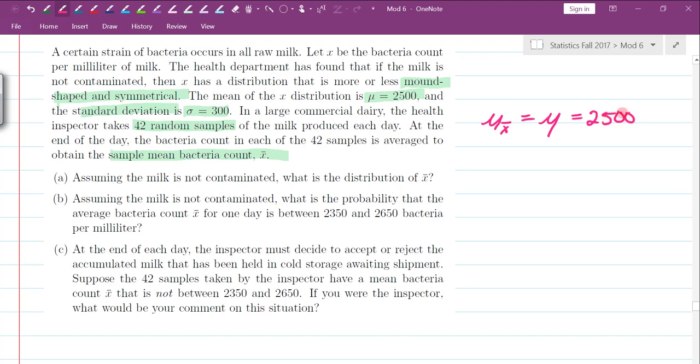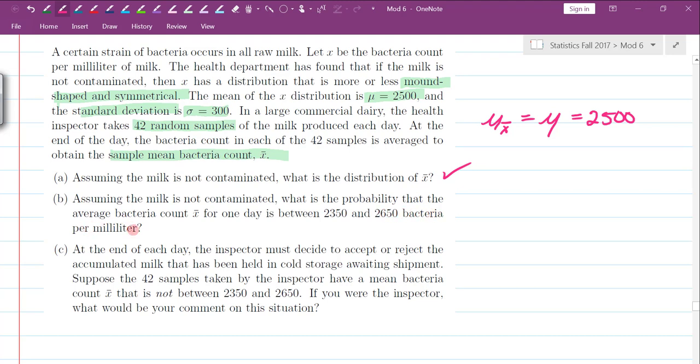Part B says, assuming that the milk is not contaminated, what is the probability that the average bacteria count, X bar, for one day is between 2,350 and 2,650 bacteria per milliliter? Now, this asked for one day, right?